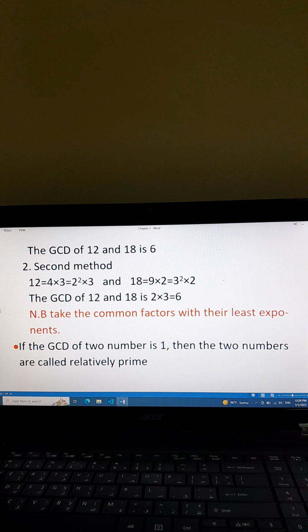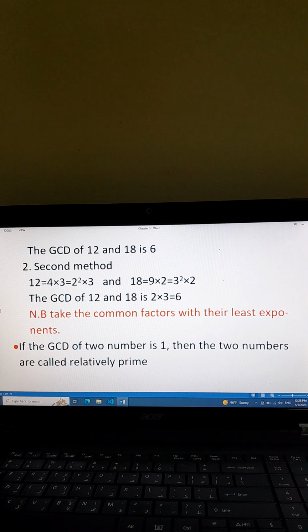The GCD of 12 and 18 is 2 multiplied by 3, equal to 6, because we take the common factors with their least exponent. For 2 exponent 2 and 2, we take 2. For 3 and 3 exponent 2, we take 3.